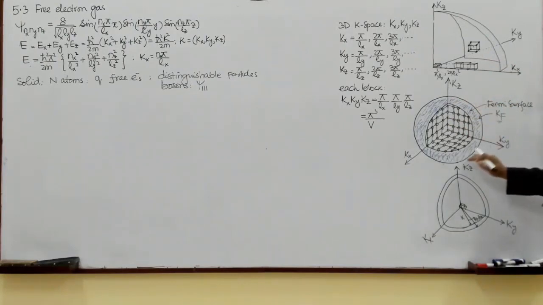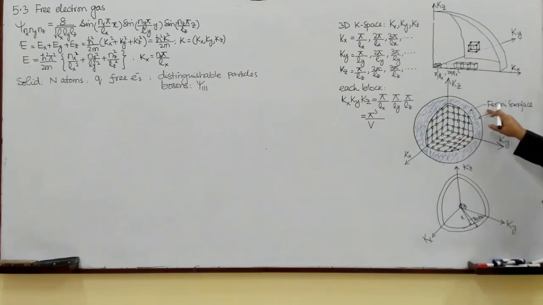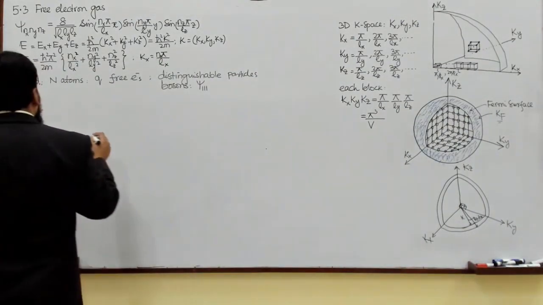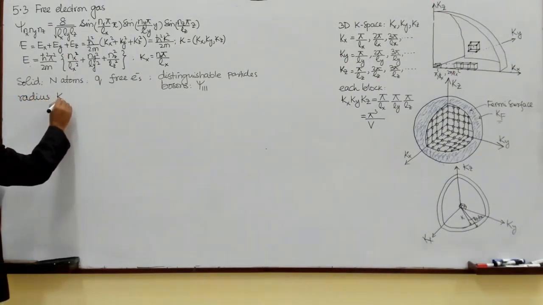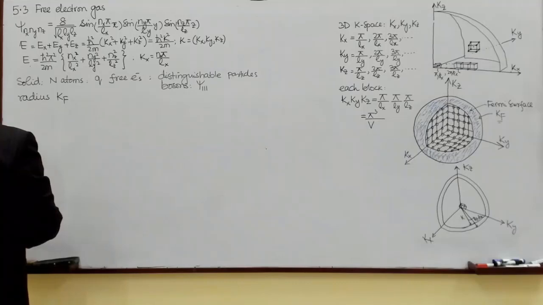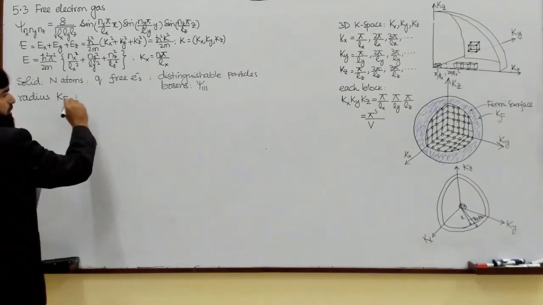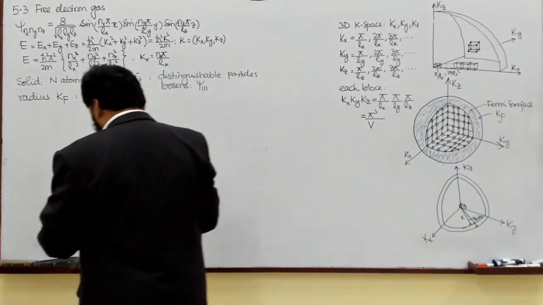The surface of this is all occupied by the electrons, and we call this the Fermi surface, and the radius of this sphere will be kf. The volume of each block that I calculated is pi cube over v.